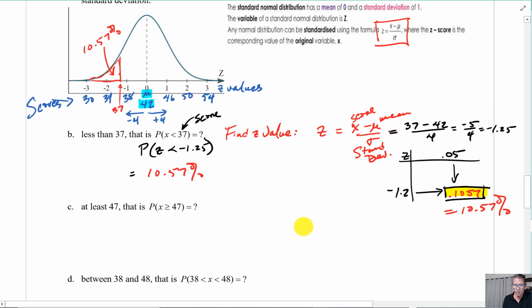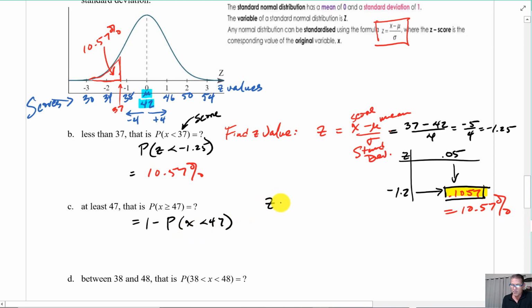Okay, next one. What's the probability that we have at least 47? This is equivalent to 1 minus the probability that the score is less than 47. So we have to figure that out first, and we need a z-value for that.